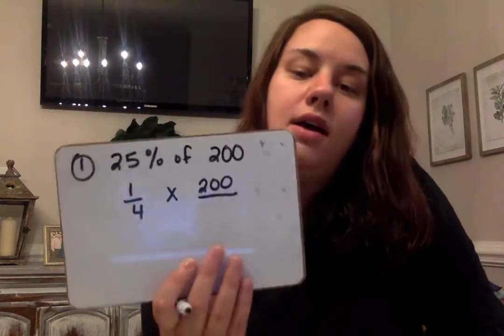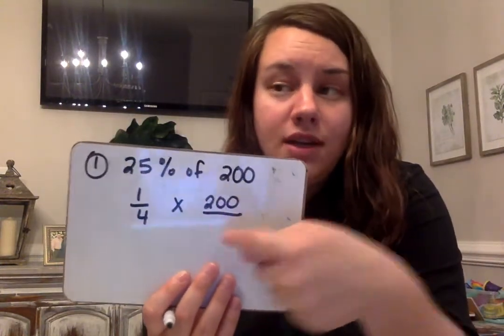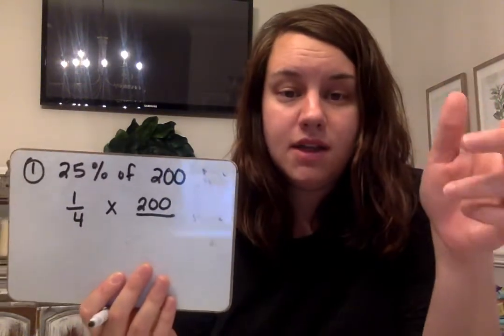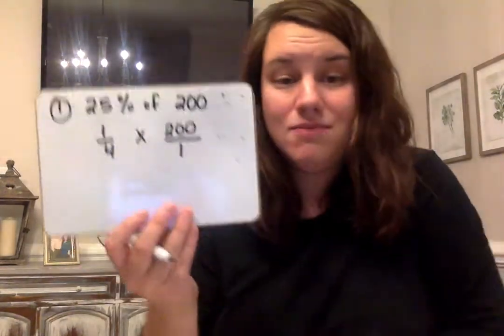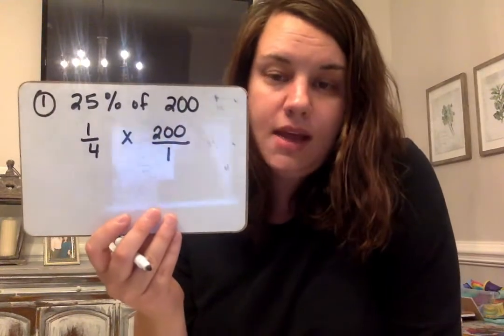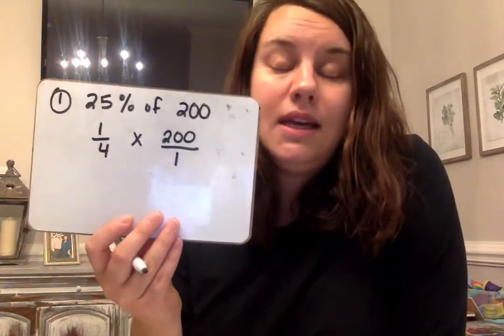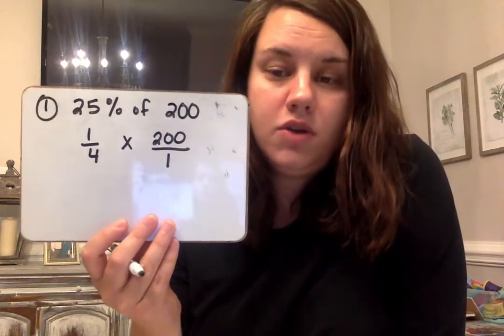Now, if you set this up as a fraction here, this 200 is a whole number, but it has a denominator, and all whole numbers have a denominator of 1. So this is what your problem should look like. 1/4 times 200 over 1, okay? It's a multiplication problem, but it's going to help us simplify this down to get to a whole number that tells us 1/4 of 200, okay?